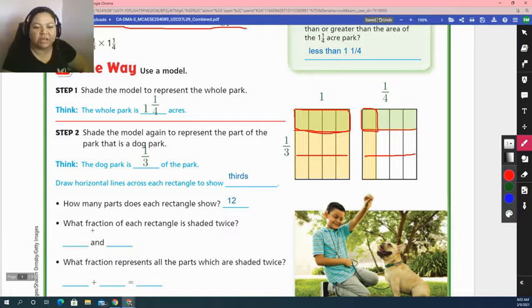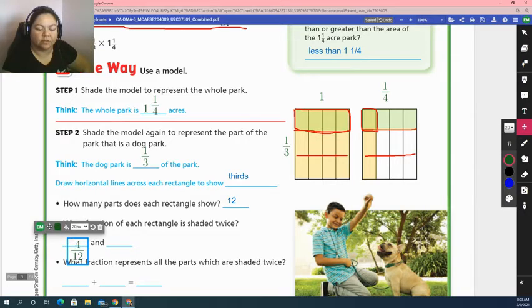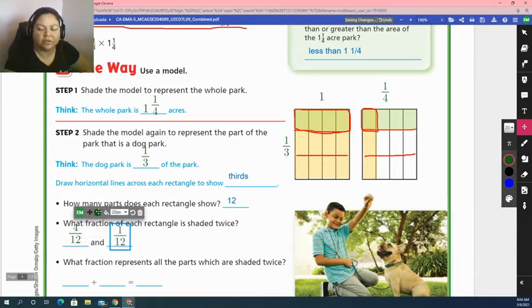We shaded twice from the first rectangle 4 out of 12, right? 4 squares, 1, 2, 3, 4 out of 12, and 1 on the second rectangle, out of 12. 1 out of 12.